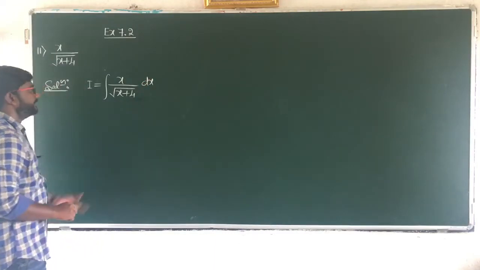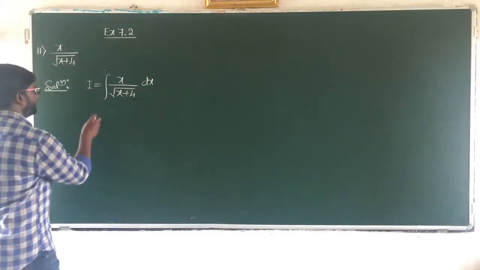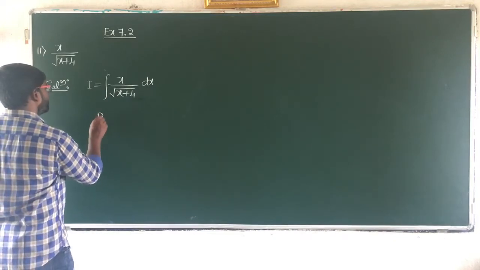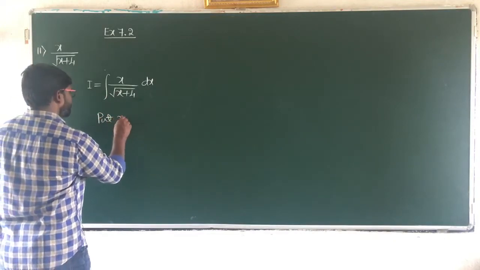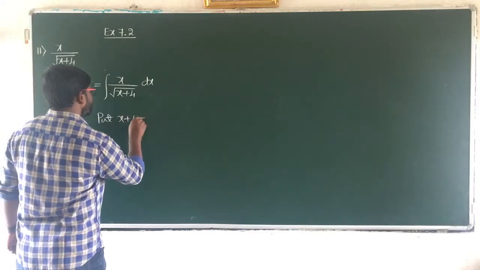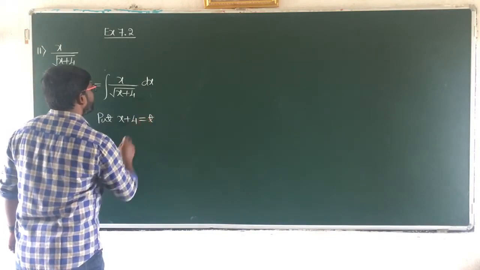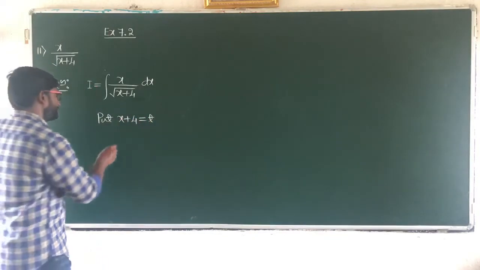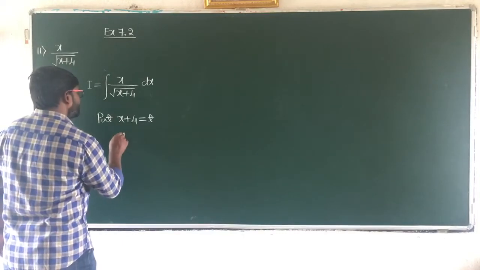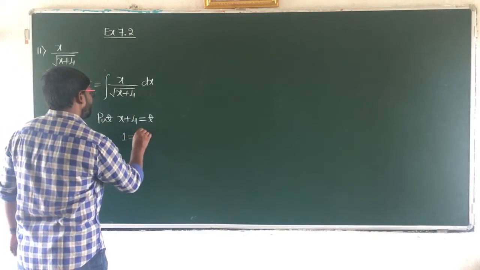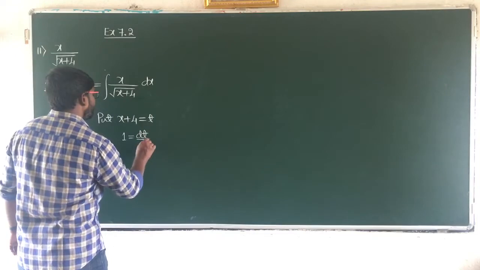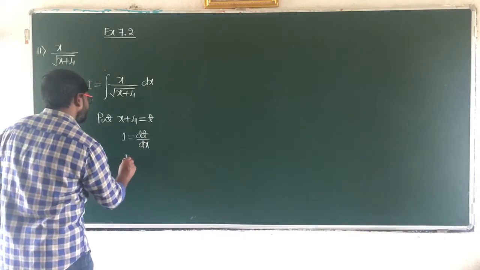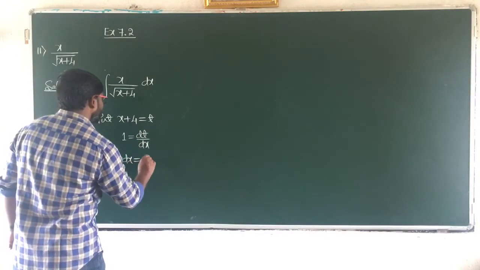Now take x plus 4 equal to t. Put x plus 4 equal to t. Now differentiate both the sides. So we get 1 equal to dt by dx. Take dx to the LHS. We get dx equal to dt.